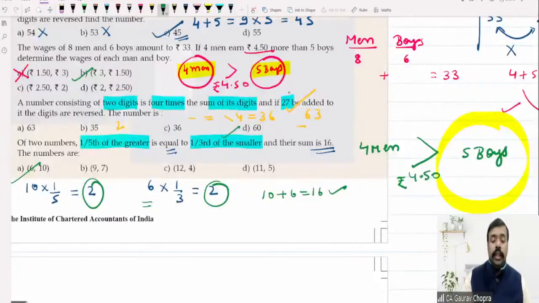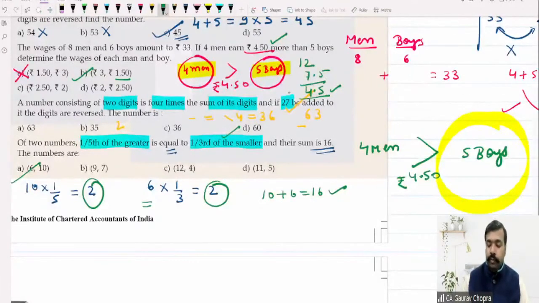When we are talking about 4 men, it is 4 into 3, that is 12. And 1.5 for the boys, so 5 multiplied by 1.5 is 7.5. Now we can check the difference. The difference is clearly 4.5. That means the second condition is getting verified.